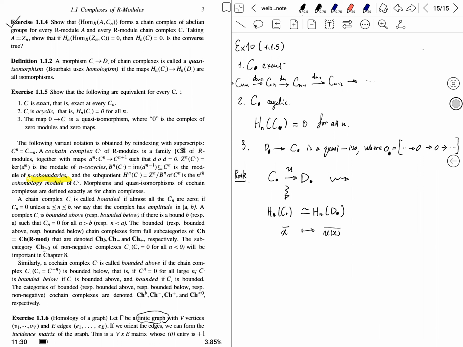And if this one is an isomorphism, then we say this morphism is a quasi-isomorphism.